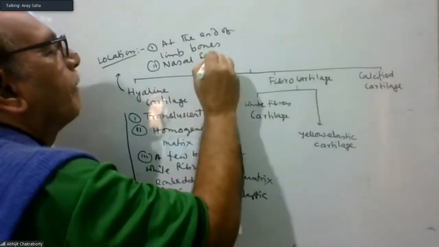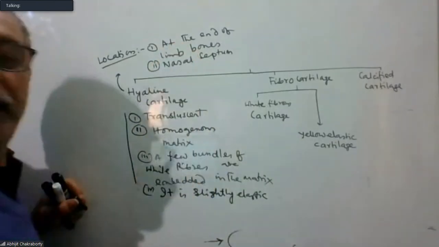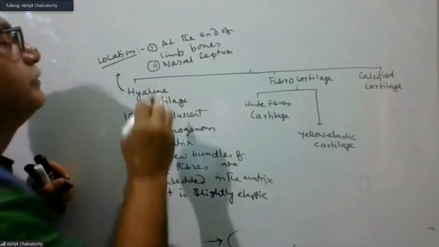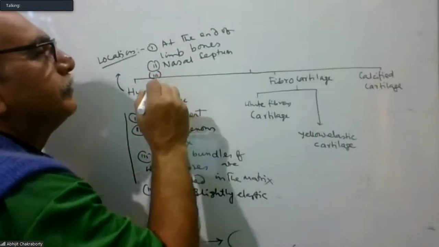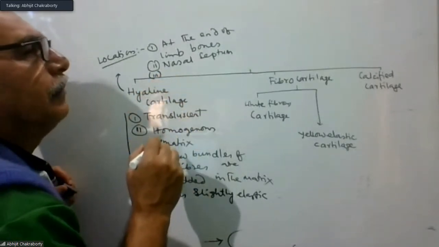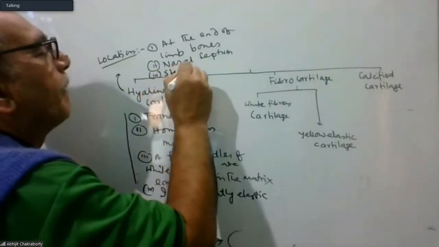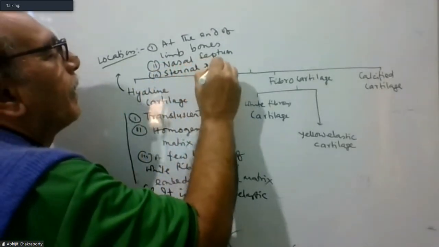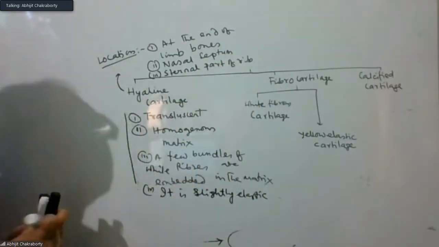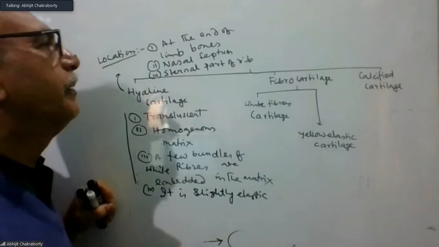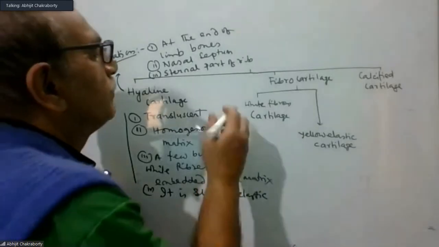It is at the end of limb bones. Nasal septum, and also you will get it in the sternal part of the rib. There are other parts also, but the main important part is at the end of limb bones. At the end of limb bones means, I'm showing you.